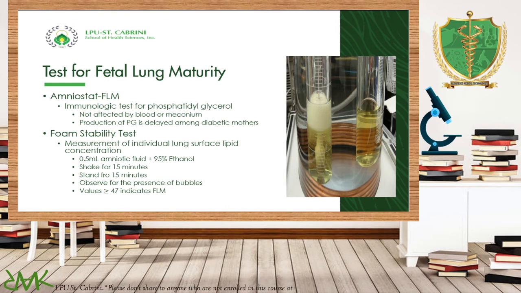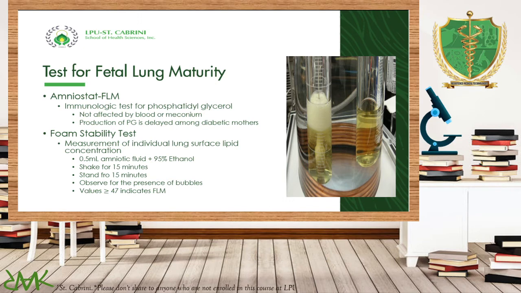Okay? Take note on how to perform this. 0.5 ml of amniotic fluid plus 95% ethanol. Now shake for 15 minutes, stand for 15 minutes, and observe for the presence of bubbles. Values greater than 47 indicate FLM.